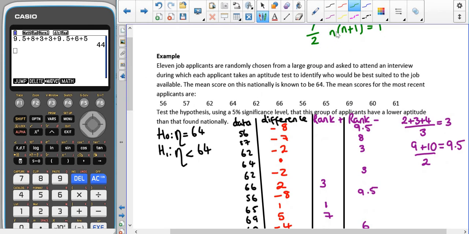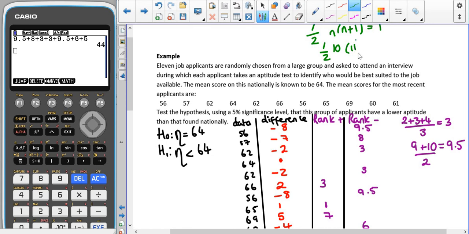So n is the number of pieces of data that we have. We have 11 pieces of data here, so it's going to be a half of 11 times n, sorry, we've knocked one of those off because we actually only have 10 because we're not counting this one anymore. So it's going to be a half of 10.